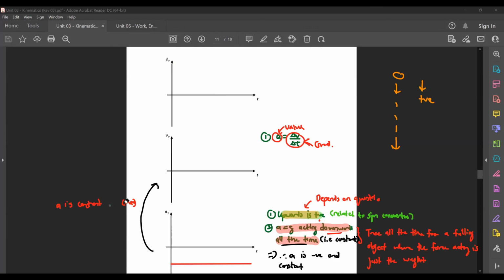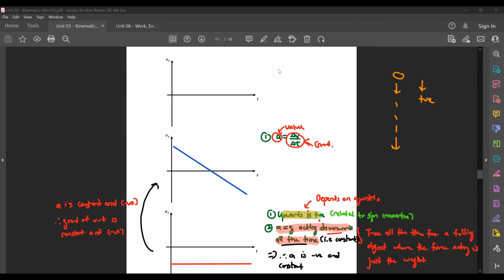So what can I say about the gradient of the VT graph? a is constant and negative. Therefore, the gradient of VT is constant and negative too. So it will actually be something that looks like this right now. This is what you're expecting to see. Okay, that's how I got this shape.